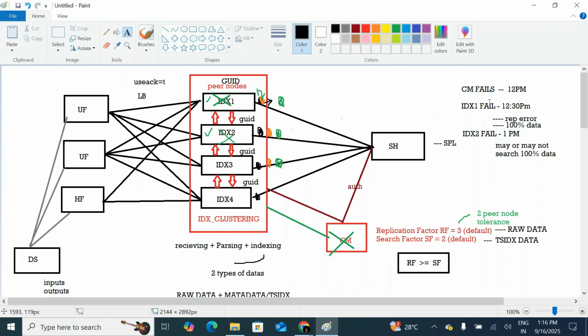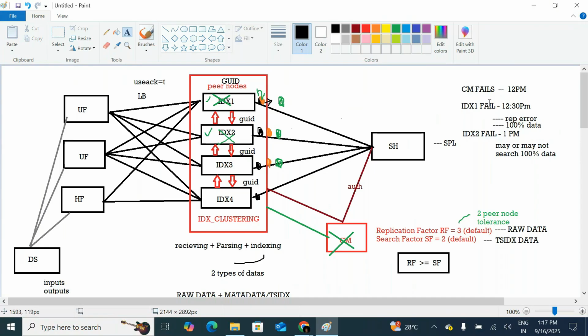This is about indexer clustering. With the help of indexer clustering, we are maintaining high availability of data, so even though one indexer fails, we are getting 100% of the data as searchable. Tomorrow's class will be search head clustering, a very important class. I think tomorrow we'll complete the components of Splunk.